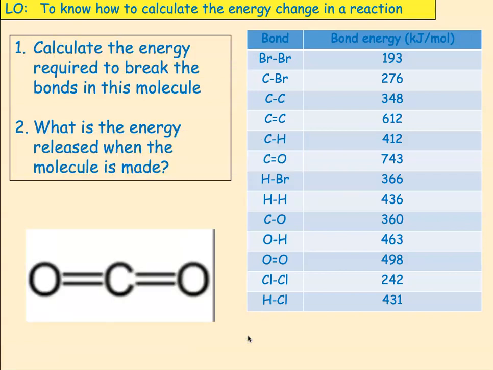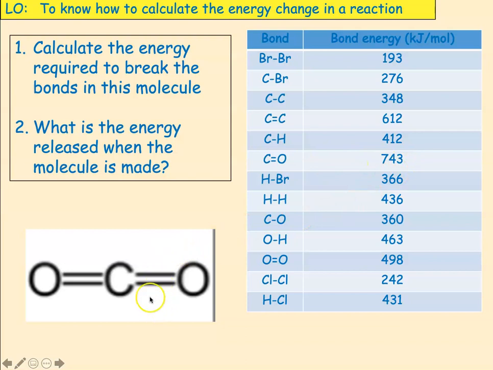Okay, again, I want you to pause the video now while we practice this. Okay, so calculate the energy required to break the bonds in the molecule. We've got C double bond O, so that is 743.